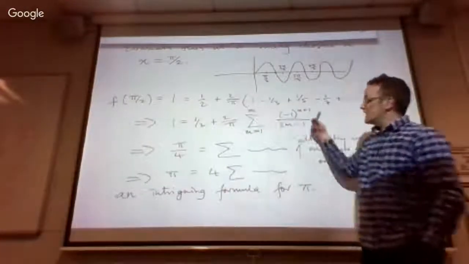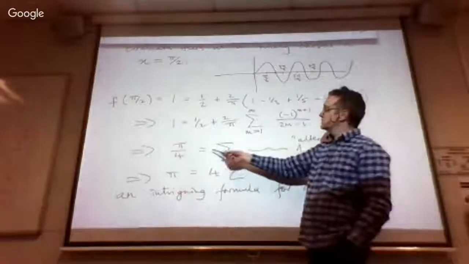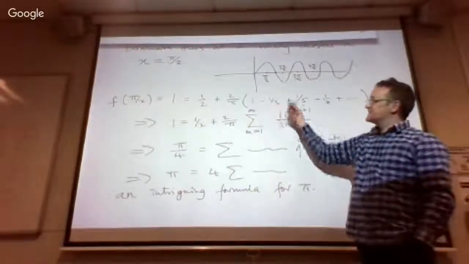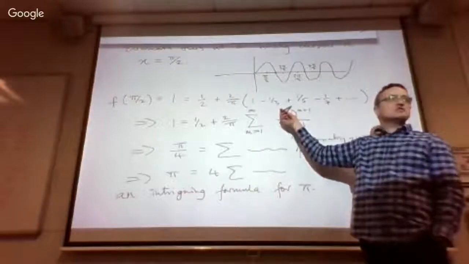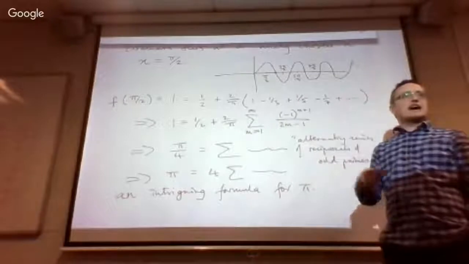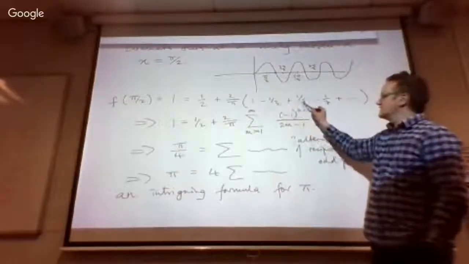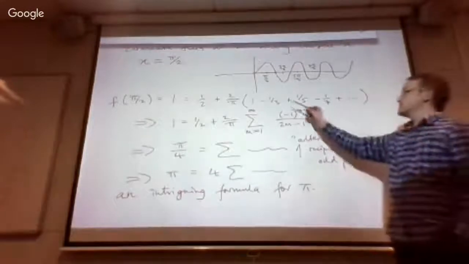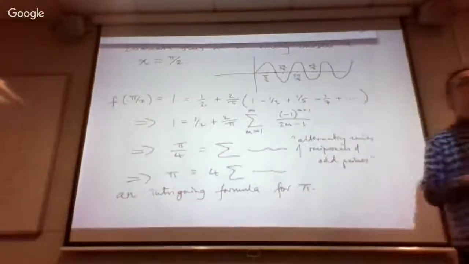This stuff is all available to a computer. Because what are you doing? You're adding things together, starting with integers and working out reciprocals of integers. A computer can work out the exact values of each of these decimal expansions.